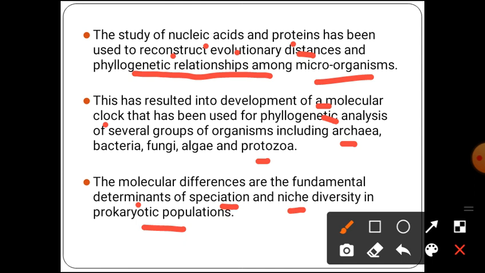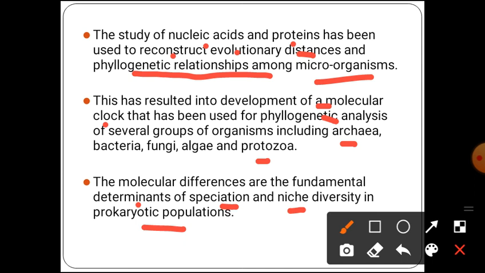Another one is proteins. Proteins are made up of amino acids. Different amino acids code for different proteins. So specific amino acids can be used to assess the microbial diversity.